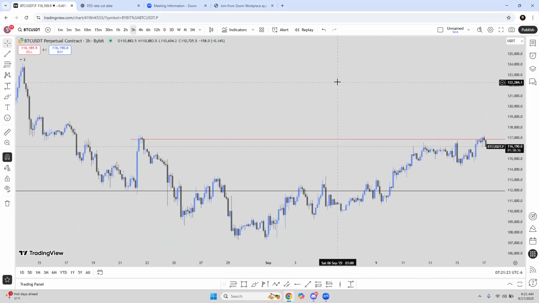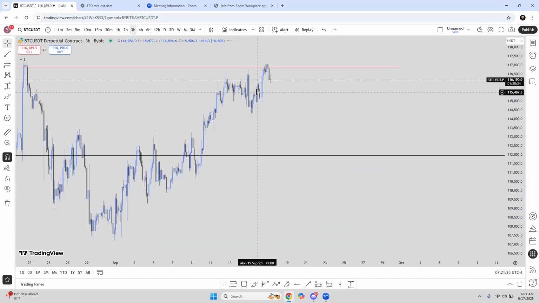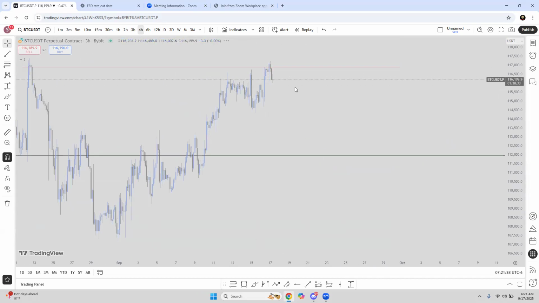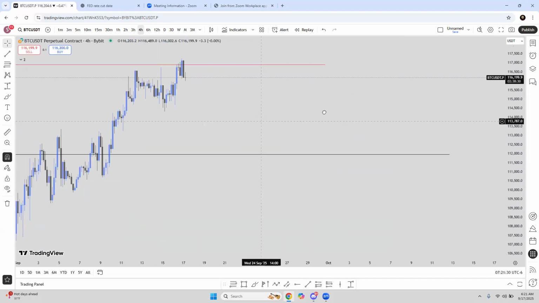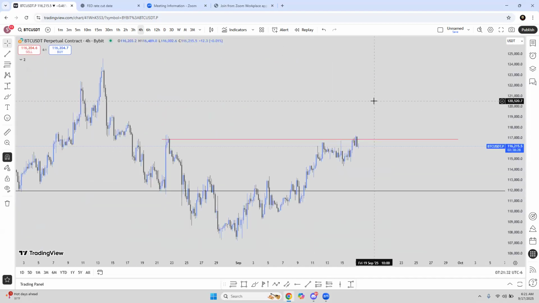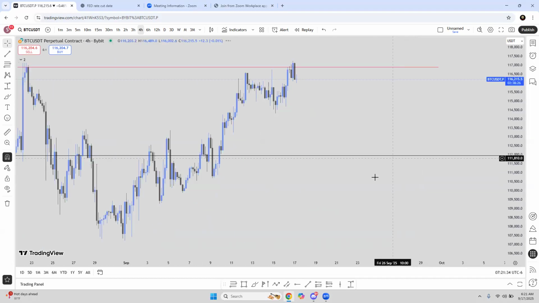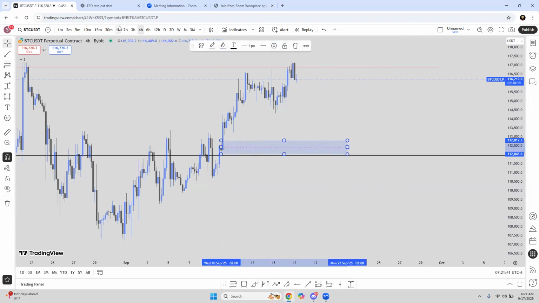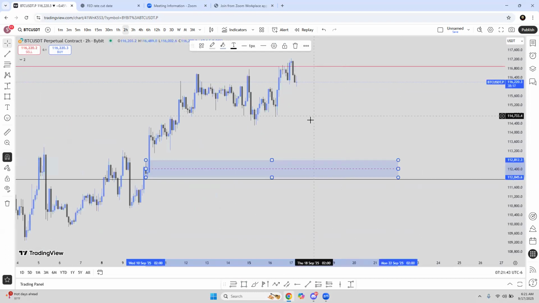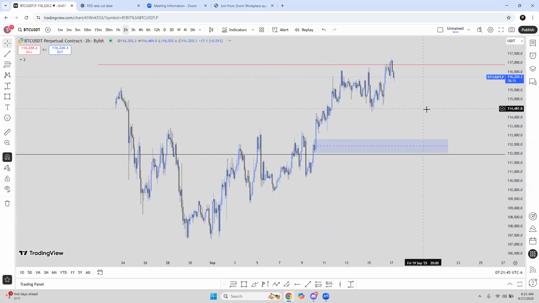Going back to the lower time frames like H4, H3, there is nothing on H4. Where is H4? H4, there is something on H4. This is a key level. Just above the key level, we had our beautiful H4 demand here. Lowering the time frame to H2, H2 is also the same one.